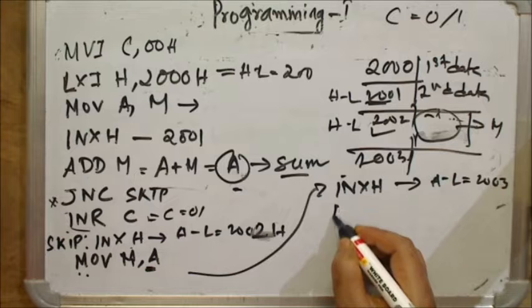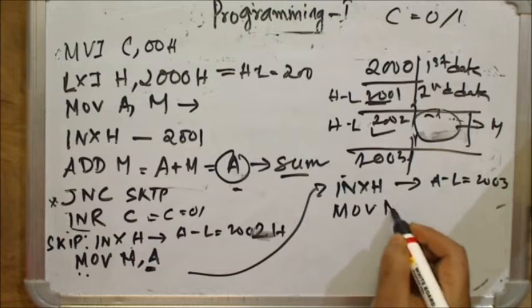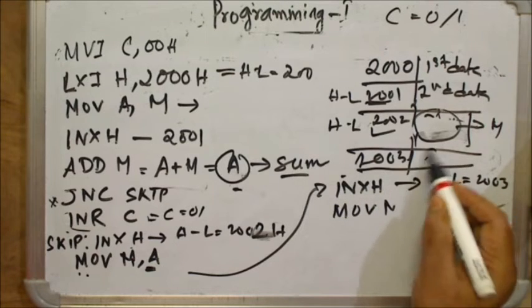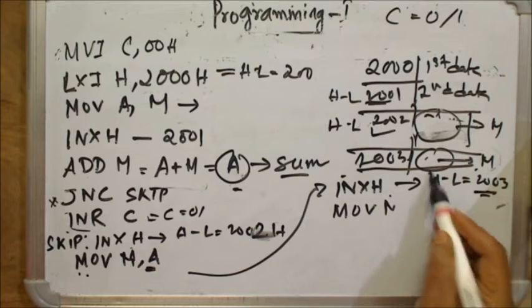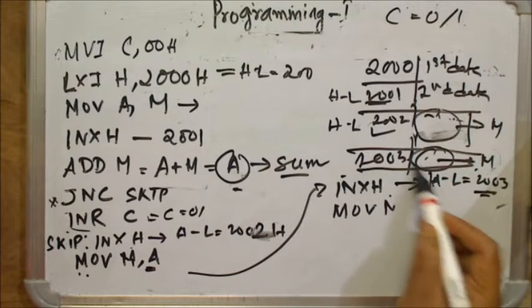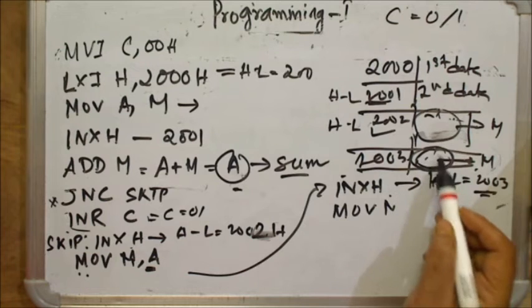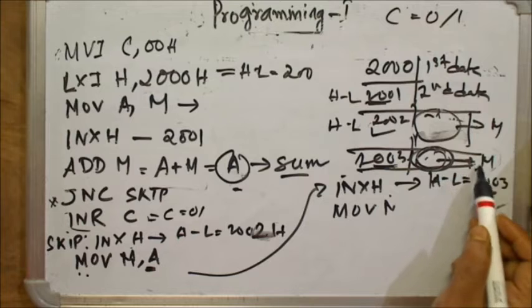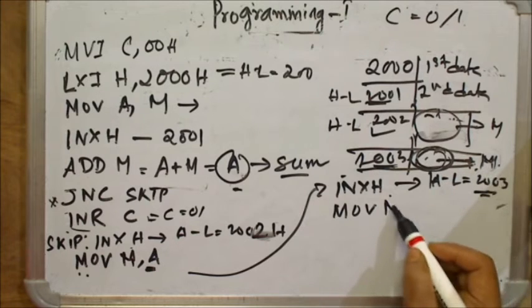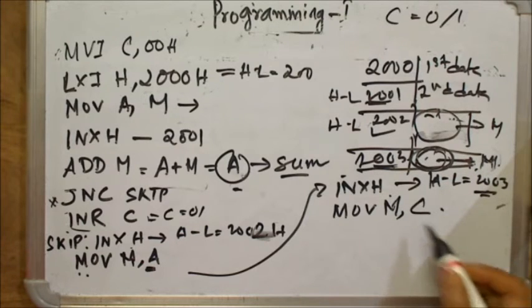When the HL pair is loaded with 2003, the location pointed to by 2003 is the new M. So MOV M, C.